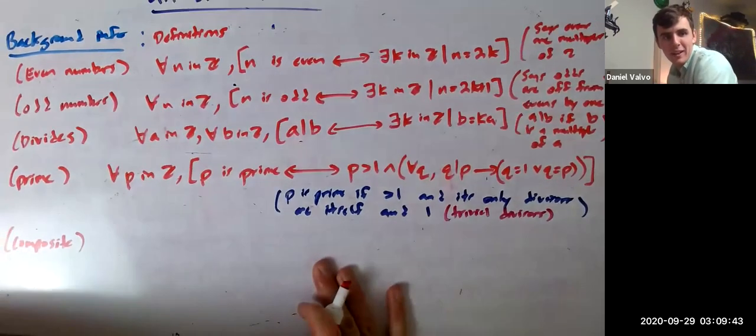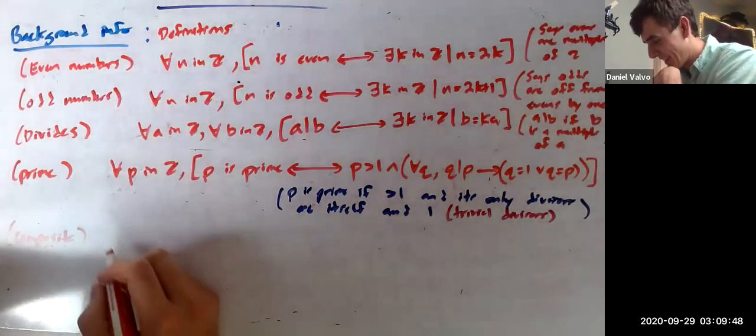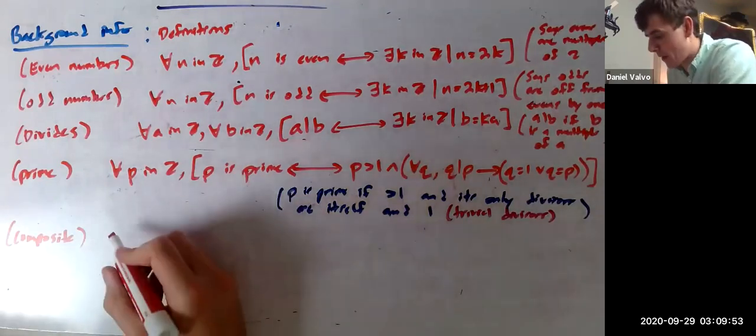All right. Last definition. Then we can actually go with the proof. So composite. That just means the opposite of prime.